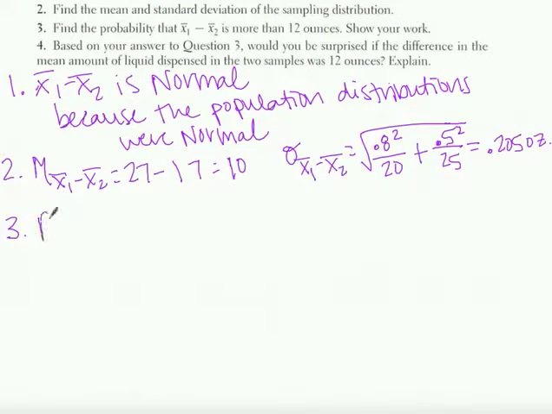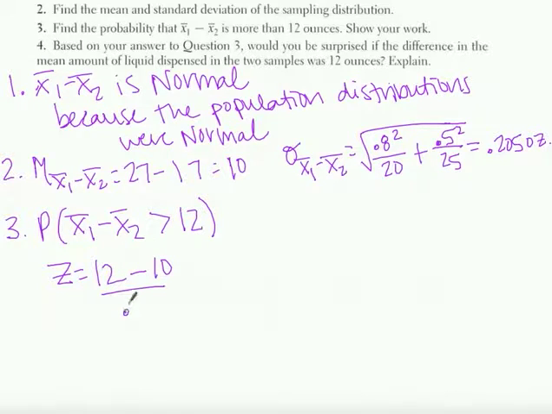Three asks us to find the probability that x bar 1 minus x bar 2 is greater than 12 ounces. To get my z, which is what I would need to look on the table and find out what my p-value was, I would say 12, because that's the number I'm worried about, minus the mean, divided by the standard deviation, 0.205.